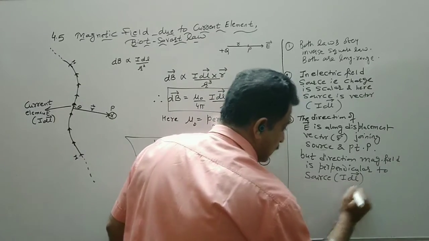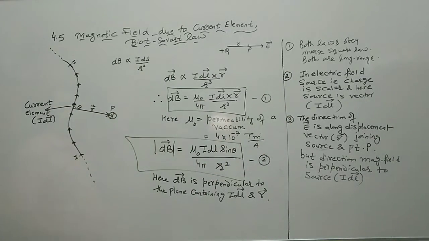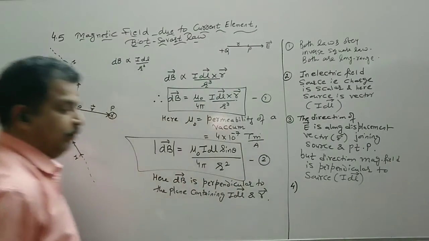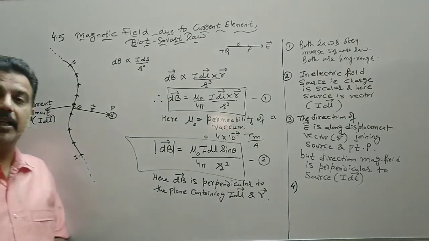What is the source? The source is the IDL vector. So again this is a dissimilarity.